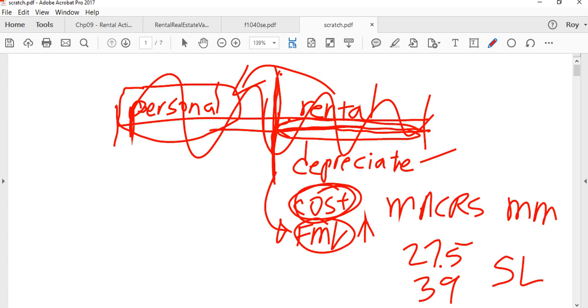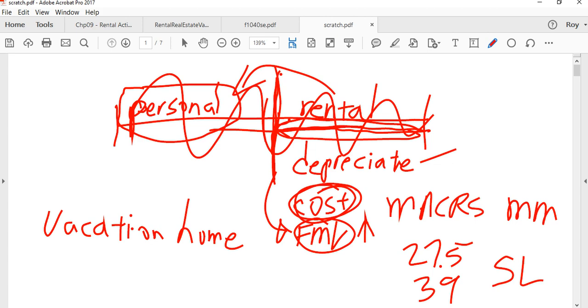How about if you switch back and forth between personal and rental throughout the whole year? Well, that gets into the topic that's kind of complex here in chapter 9 called a vacation home, where our taxpayer owner has a main residence. But if you remember back in chapter 5, a taxpayer can take a home mortgage interest deduction on two residences, subject to that $750,000 loan limit, or it can be grandfathered in at a higher limit prior to 2018.